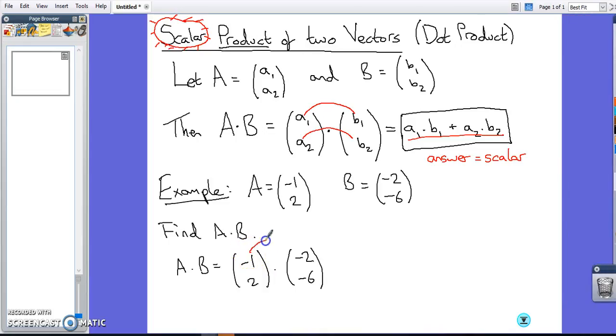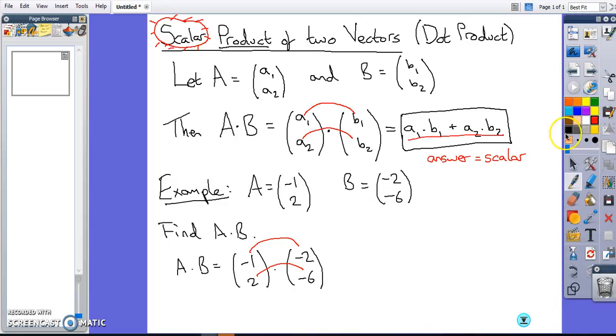We multiply these two together and then these two together and add the result.